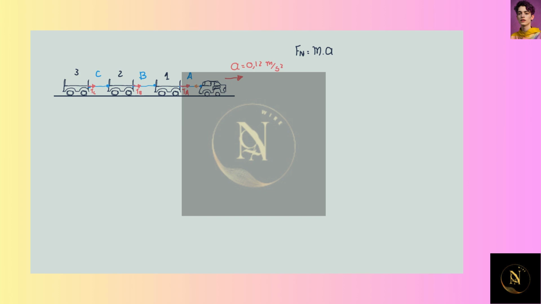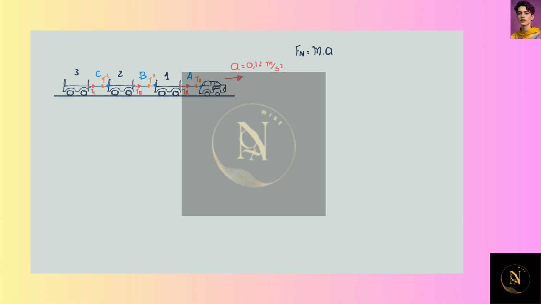This is TA, this is TB, and this is TC. So in this diagram, in red are the forces, the actions, and in orange are the reactions. We will care particularly about the actions.